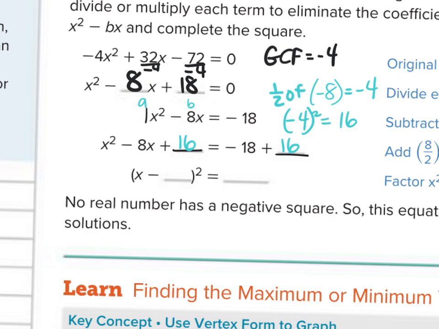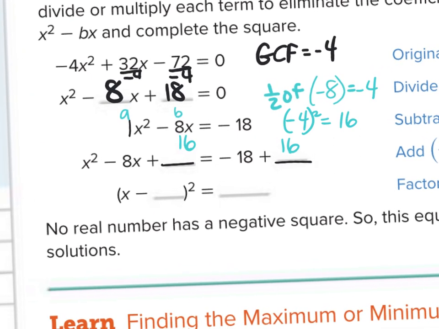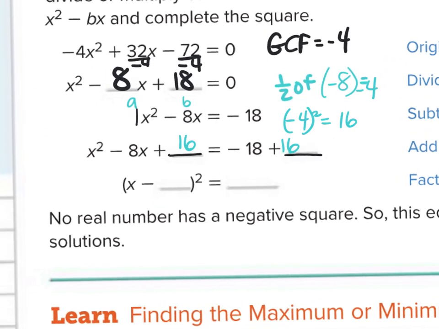So what should that number be? X minus what squared? Tori, what was the half number that we found? Half of -8 was what? -4. My screen got a little off for some reason. They already have a negative, so we'll just put 4.